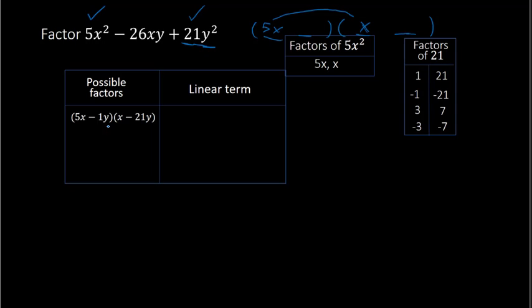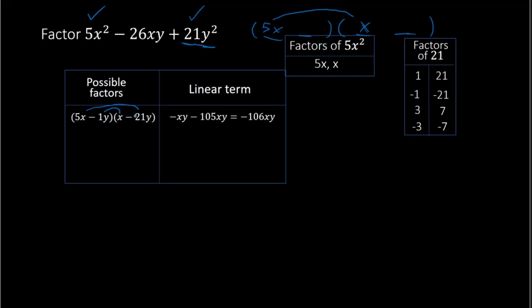And then when you do the inner and outer, we would have negative 1xy and then negative 105xy. And that would add to give me negative 106xy, which is not the right number, but it's going to be a like term with this. They both have xy's. So this is the correct format where we have a y in each of these.